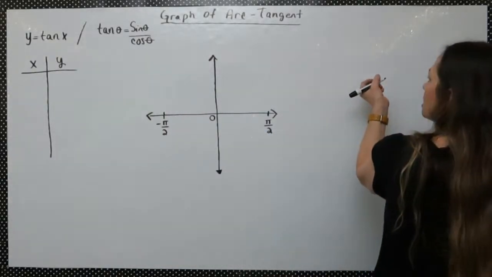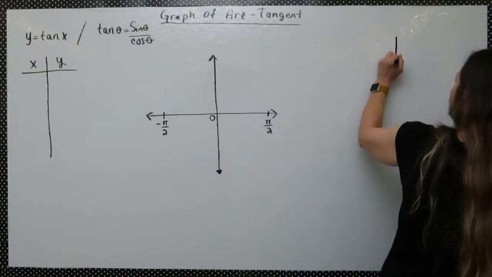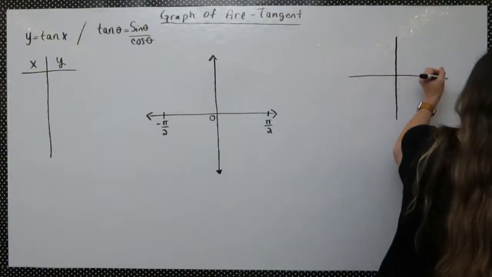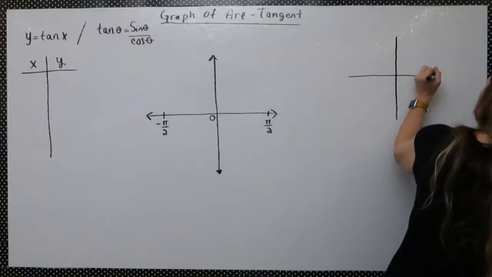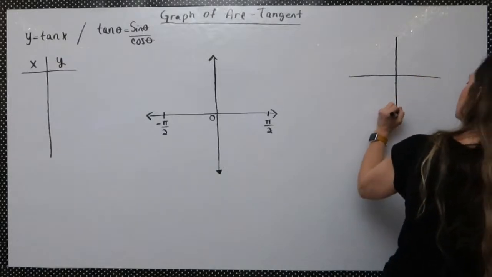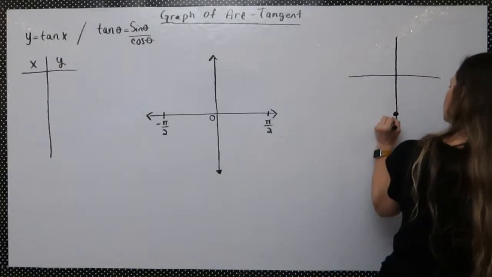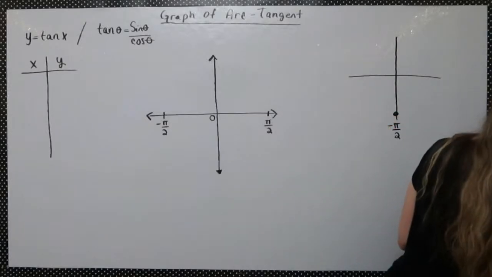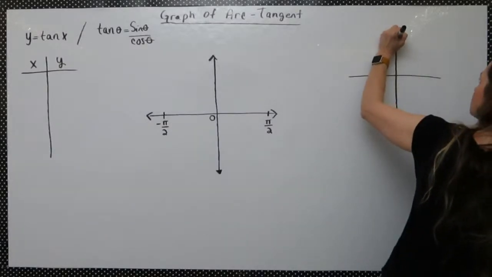So let me go ahead and draw. I'm going to need a little bit bigger unit circle. And really, I only need to go from negative pi over 2 to positive pi over 2.